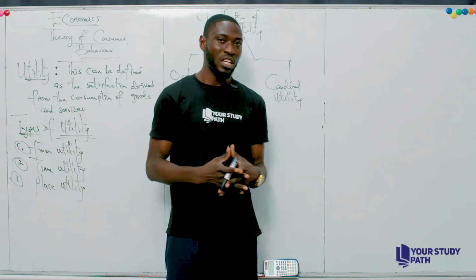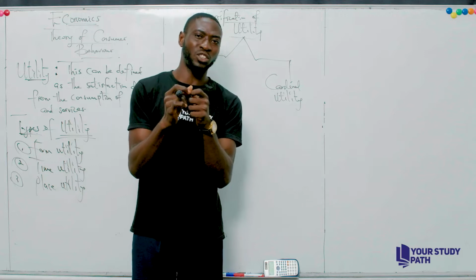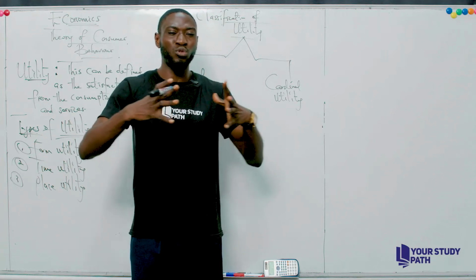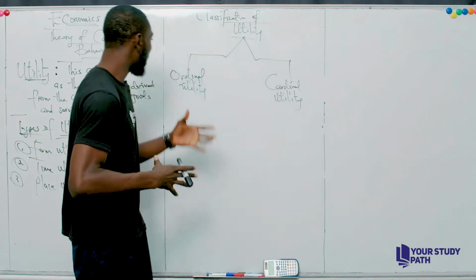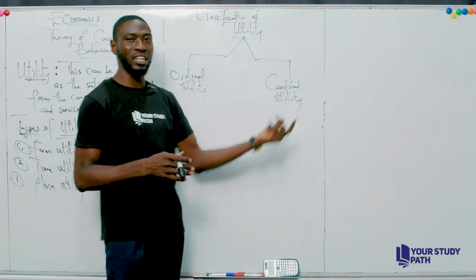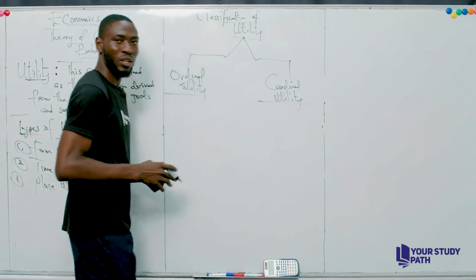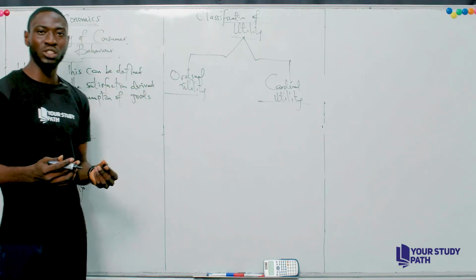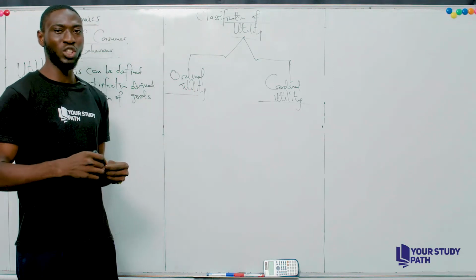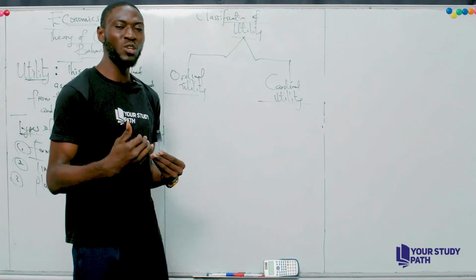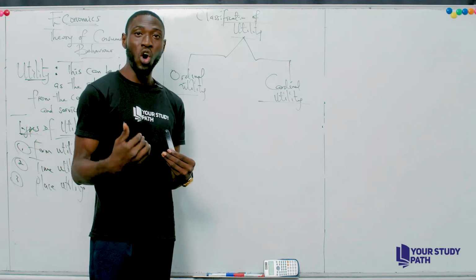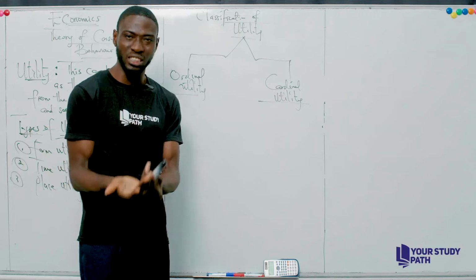Now, let us see the broad classifications of it. This brings us to ordinal and cardinal. What is ordinal and what is cardinal? These are just theories of utility, or various ways in which utility can be measured, or in which people can see utility.